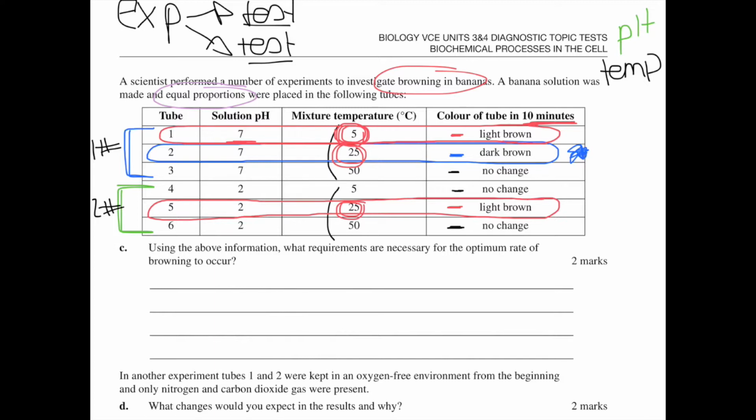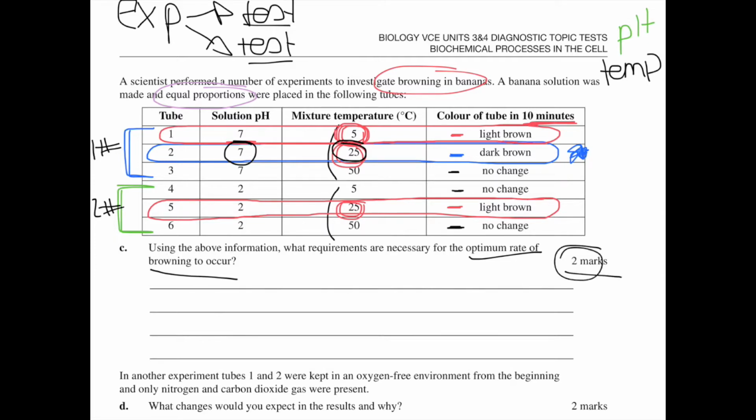So, using the above information, what requirements are necessary for the optimal rate of browning to occur? Now, you already know that it is the pH of 7 and the temperature of 25. So you just write that down. Okay, beautiful.